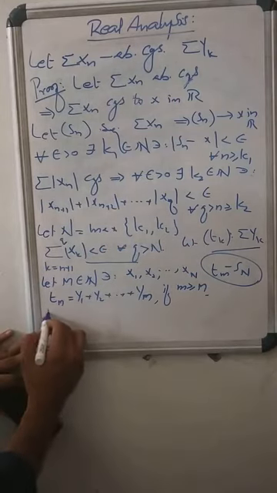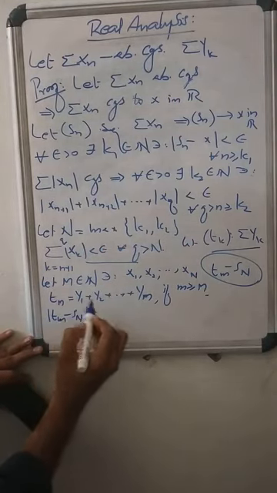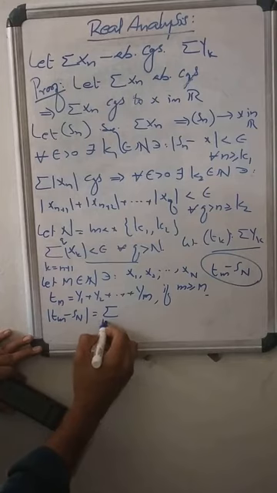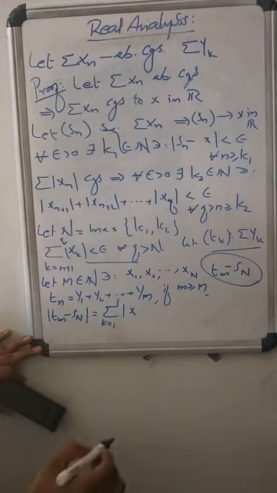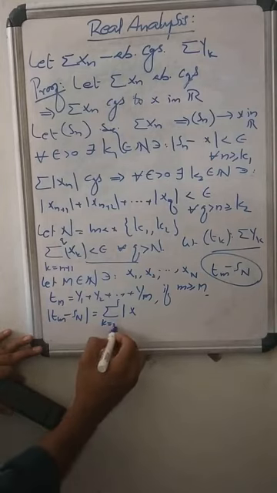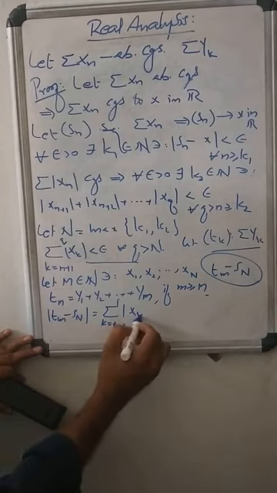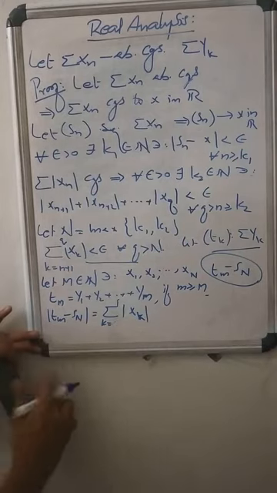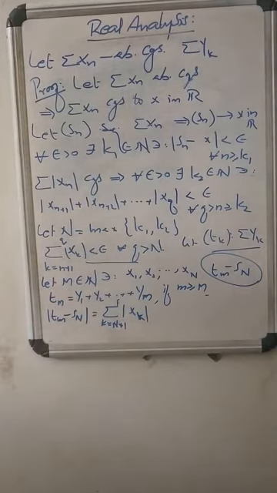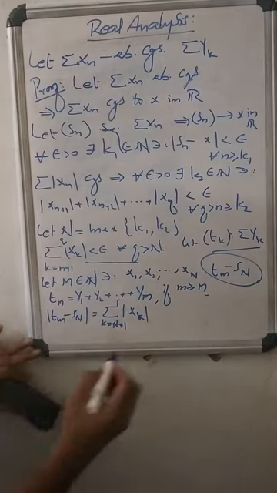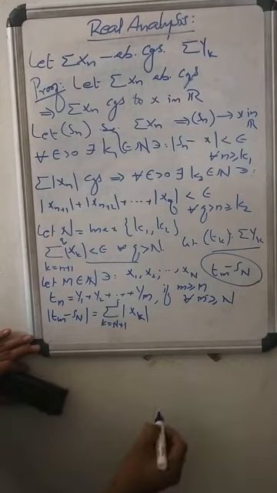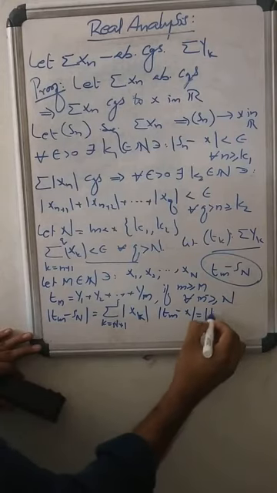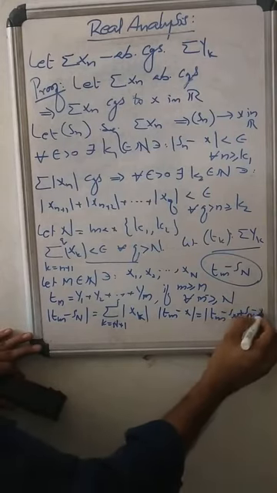So what is Tm minus SN? Modulus of Tm minus SN is at most the sum, for k ranging from capital N plus 1 to q, of modulus of xk. So for all m greater than or equal to M, modulus of Tm minus x equals modulus of Tm minus SN plus SN minus x.